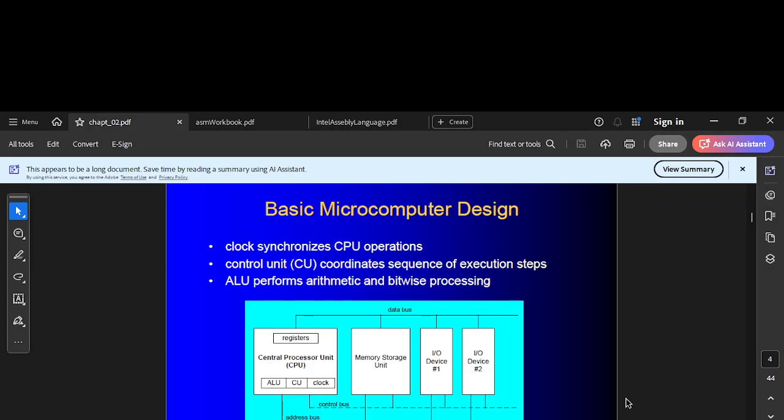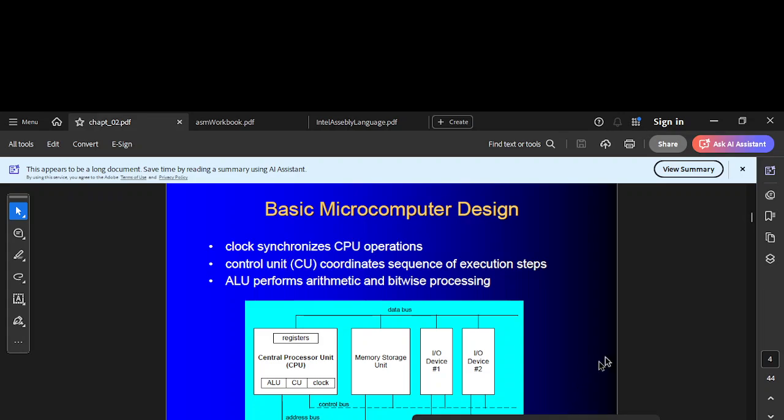So let's look at a basic microcomputer design.